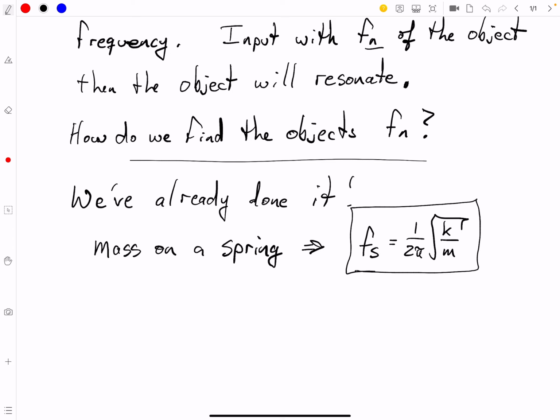So once you know k and the mass, then you have your natural frequency. This is the natural frequency.